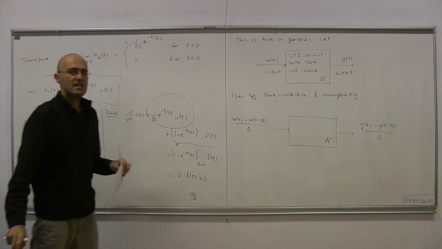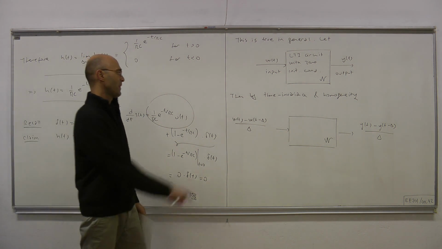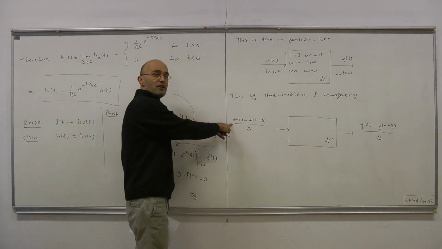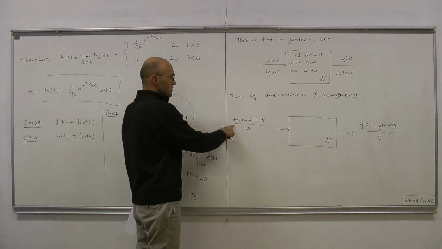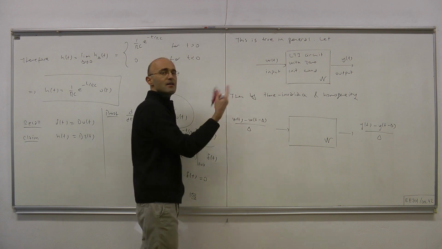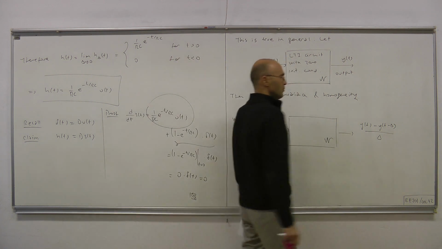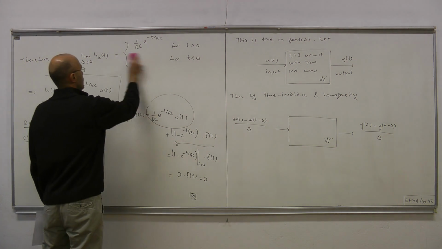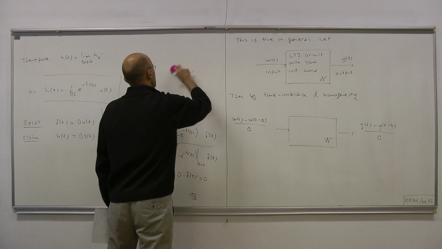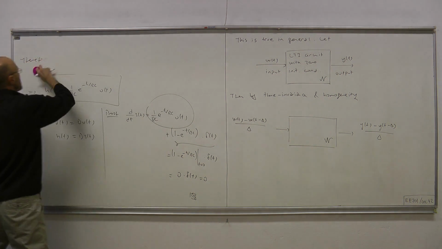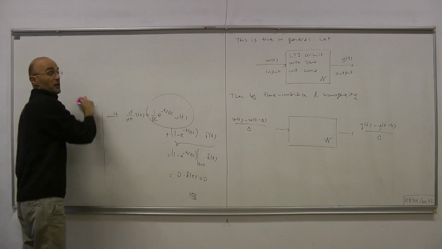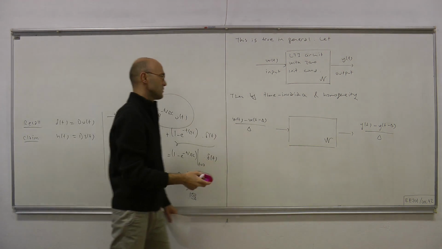Then, if you take the limit delta goes to 0, by definition of differentiation, this becomes the derivative of w, and then the output should become the derivative of y(t). Therefore, if you apply the derivative of the input, you obtain the derivative of the output, under the assumption that initial conditions are 0.